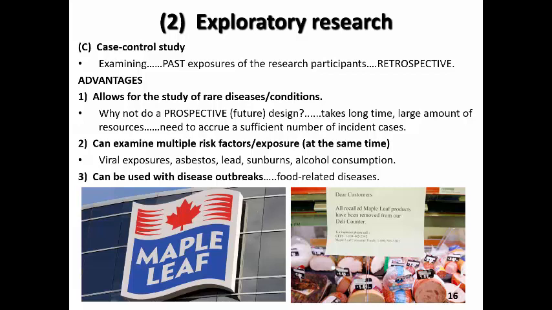The case control approach was able to successfully track the nature of those diseases, and through that detective work, was able to trace the origin of the disease back to those that consumed Maple Leaf food products. And so you can see in a situation like that, a prospective design would certainly not be appropriate. But the case control study does have advantages, but it also carries certain disadvantages.